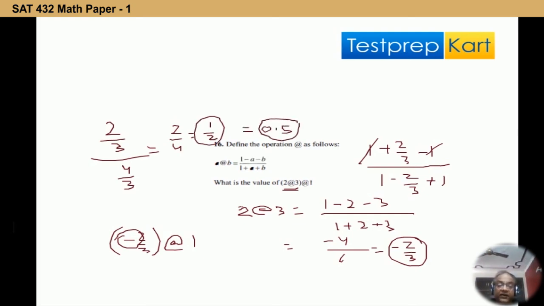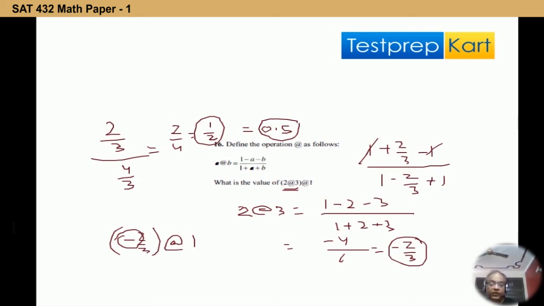So 0.5. Here you see a new operation is defined, which is a operation b equals 1 minus a minus b upon 1 plus a plus b. So whenever I have a on the left hand side and b on the right hand side of this particular operation, I have to use this definition. First I have opened the bracket part, that is 2 operation 3, which is equal to 1 minus 2 minus 3 divided by 1 plus 2 plus 3, that is negative 4 upon 6 and minus 2 by 3.